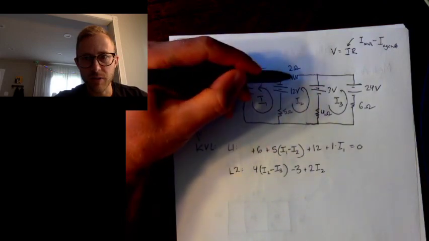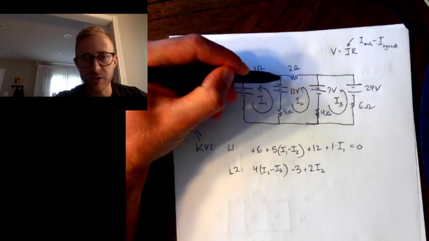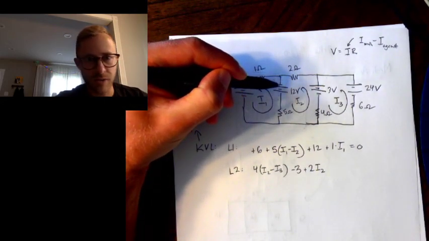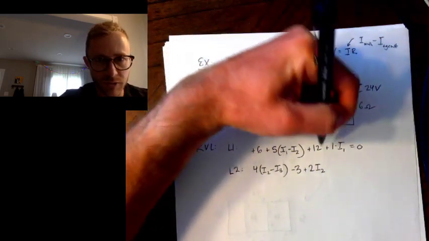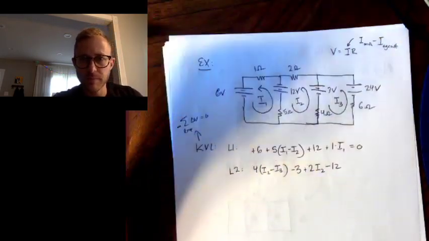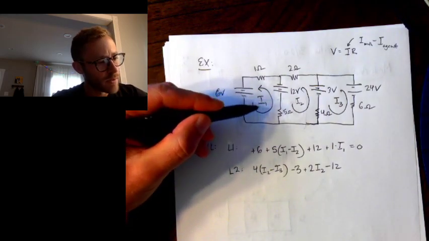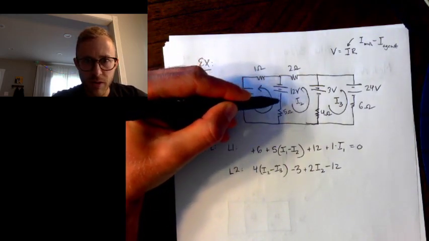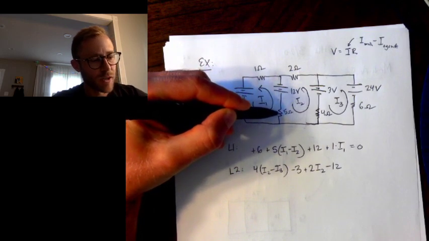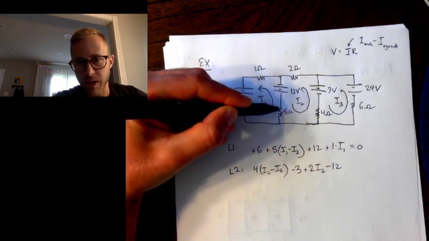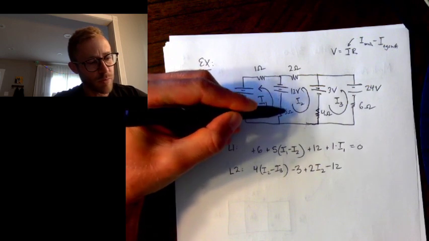And then I continue around the loop and I hit the minus terminal of this 12 volt battery, so I have -12. And then I continue along my loop and I hit the 5 ohm resistor. Notice now I'm going down through the 5 ohm resistor, so the current with my loop is I2.